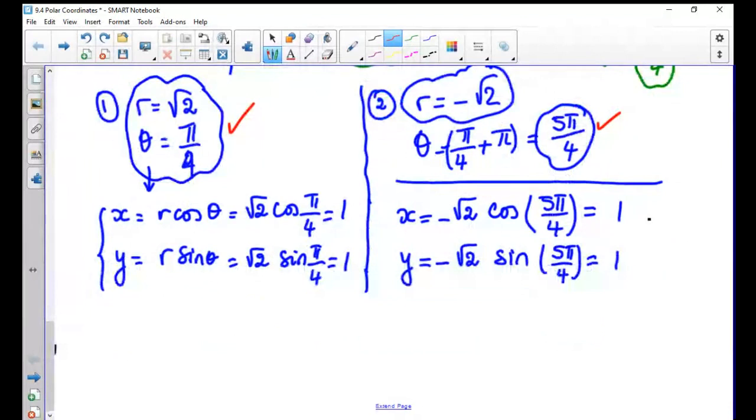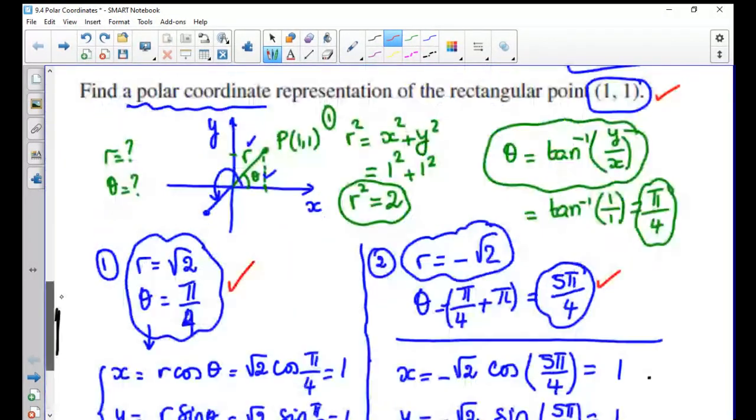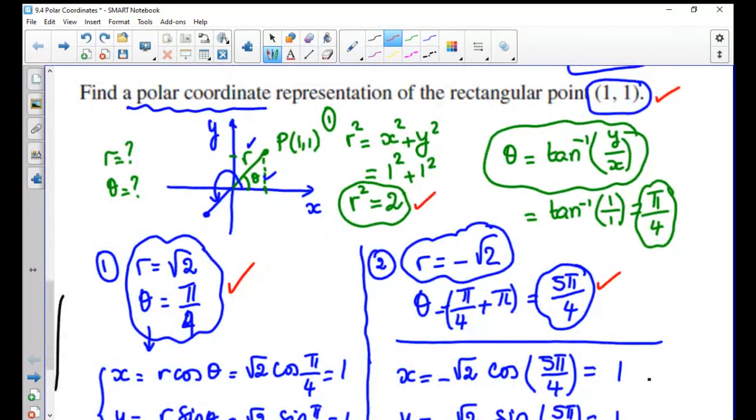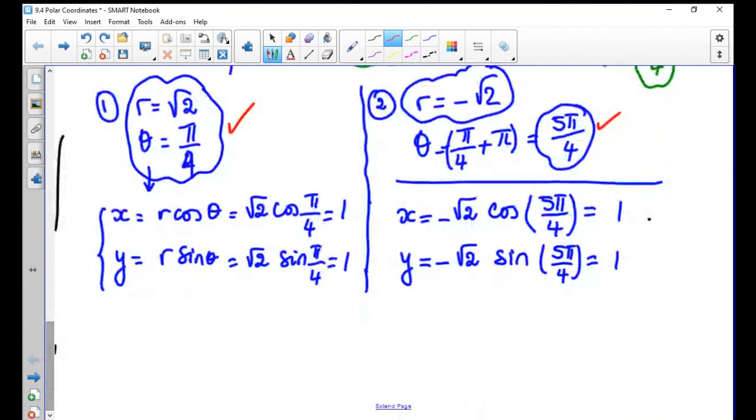So that's the way we do it. First, you find r squared by using x squared plus y squared. Then you find one theta. And from there, you can find different polar coordinates. I could even add 2 pi to this and still get polar coordinates.